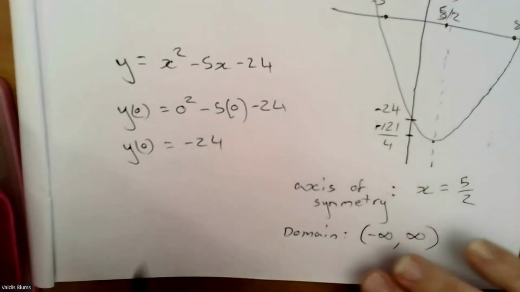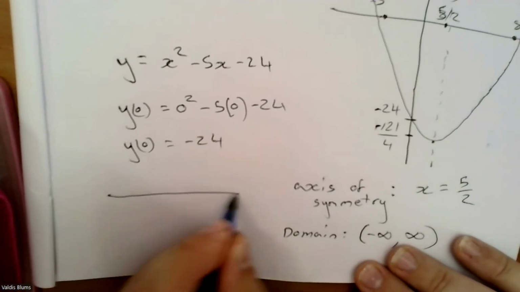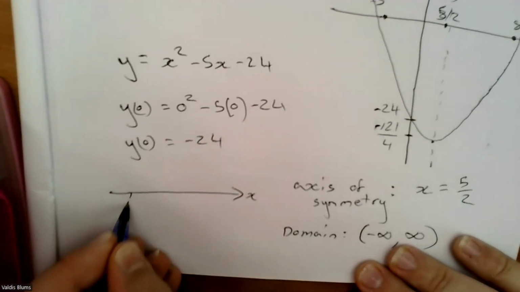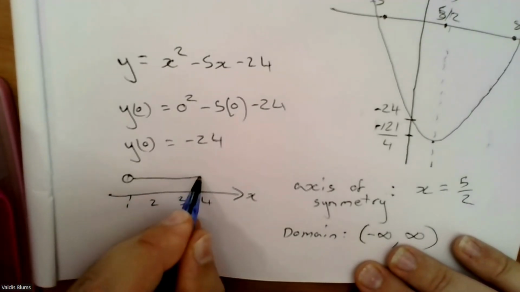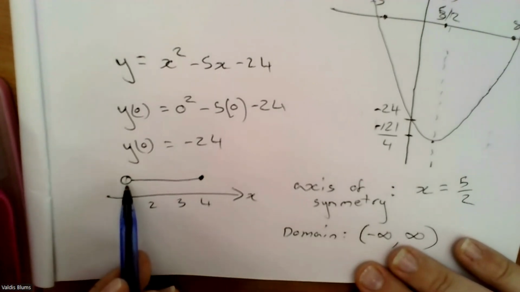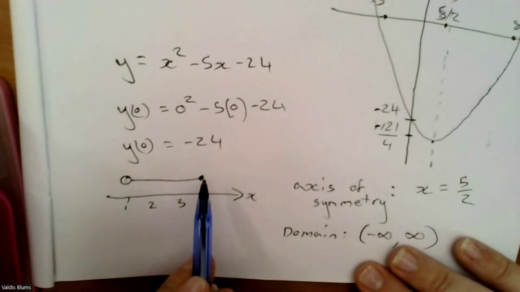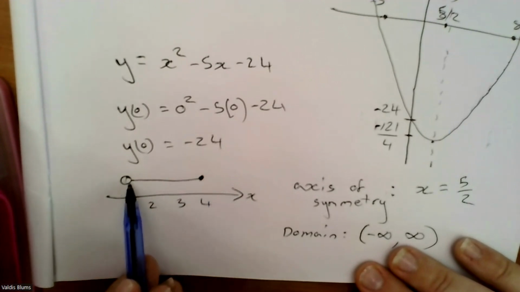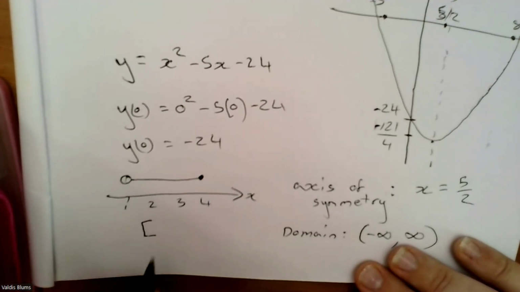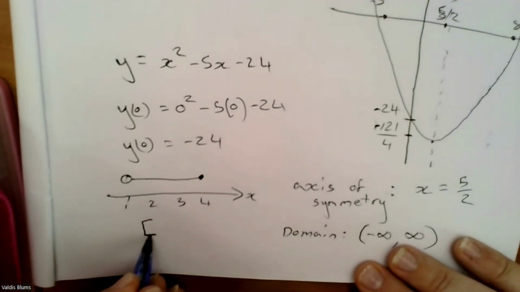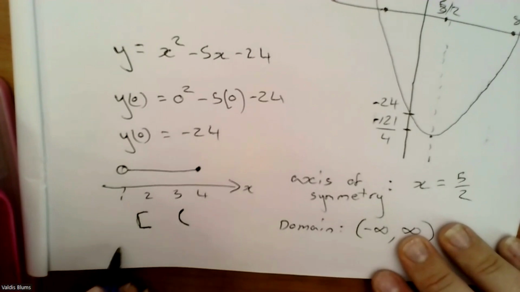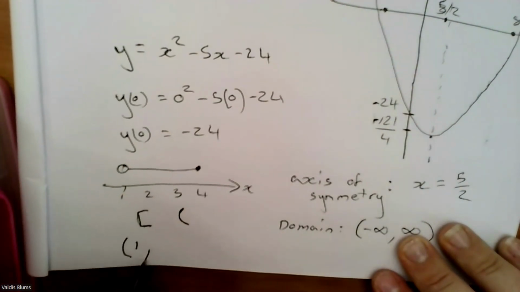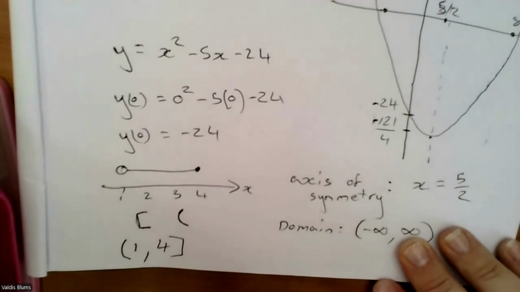For instance, if we had a number line, 1, 2, 3, 4, and something plotted from 1 to 4, where it's touching the 4 value but not quite touching the 1 value, it would look like parentheses 1 up to 4 square brackets: square brackets for when it's touching and parentheses for when it's not touching.